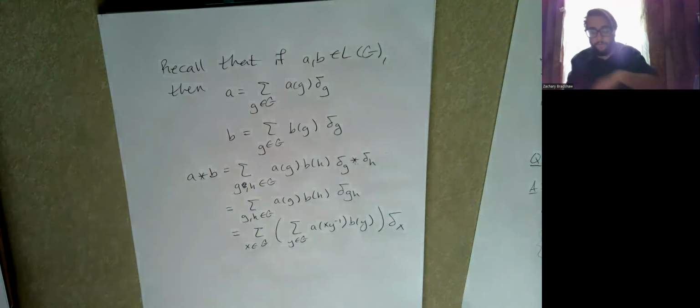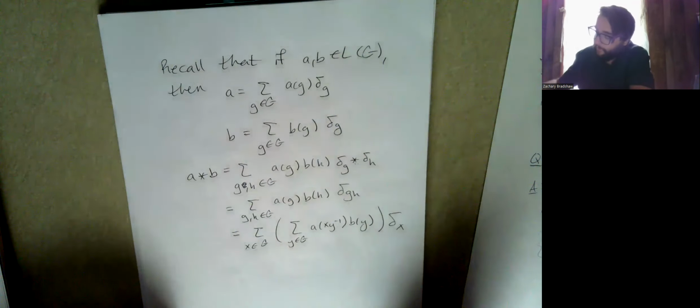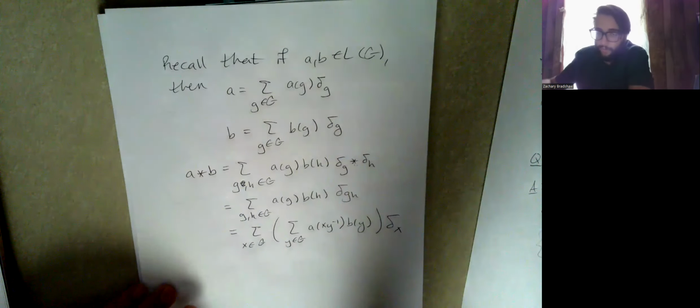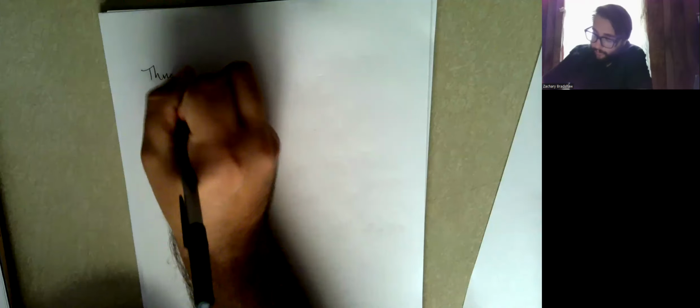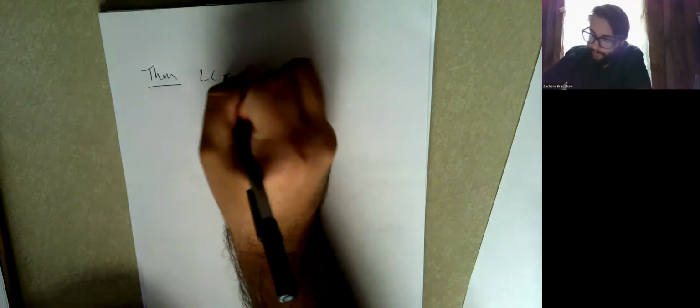Okay, so what does this tell us? Well, first of all, that was just the motivation for why we choose the convolution. But what does all this say? It just says that L of G is an algebra. So it has pointwise addition for the sum.